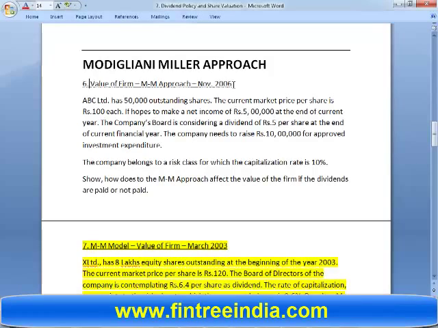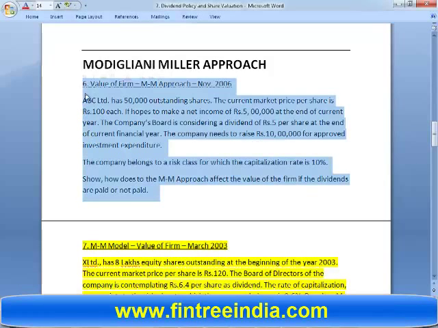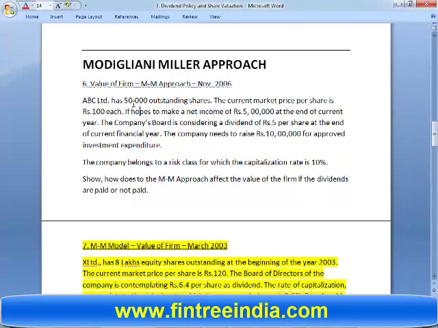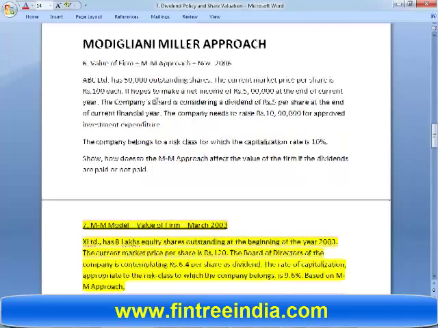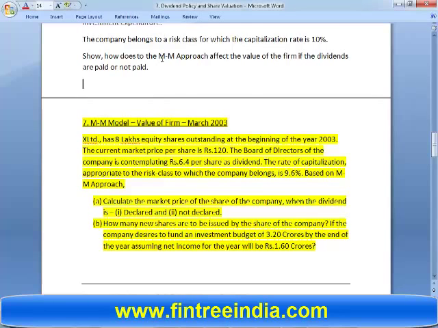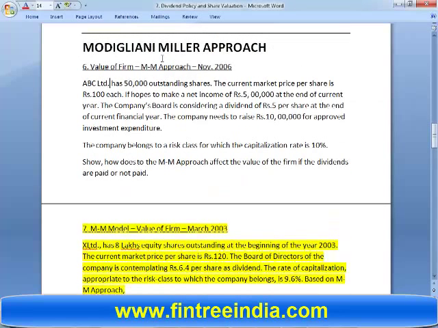So this is the typical format in which you can expect the question on the exam. Let's read through this carefully. ABC Limited has 50,000 outstanding shares. The current market price per share is rupees 100 each. It hopes to make net income of 5 lakh at the end of the current year.